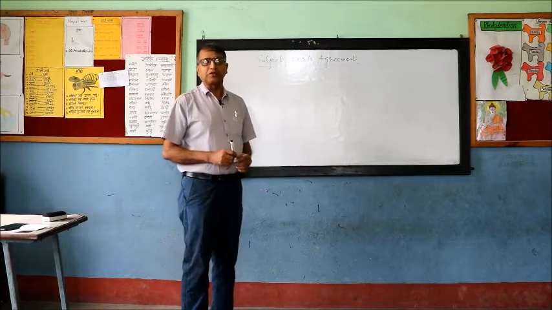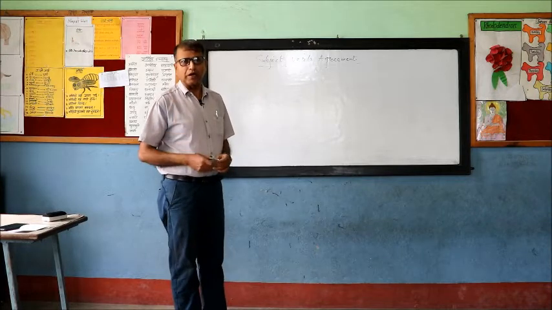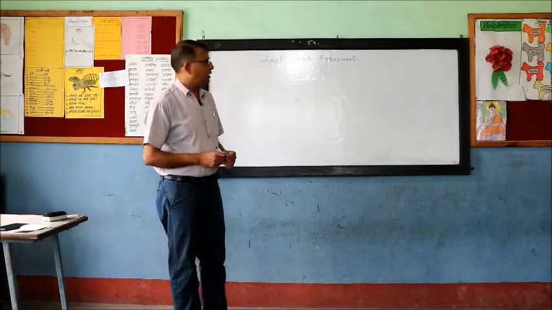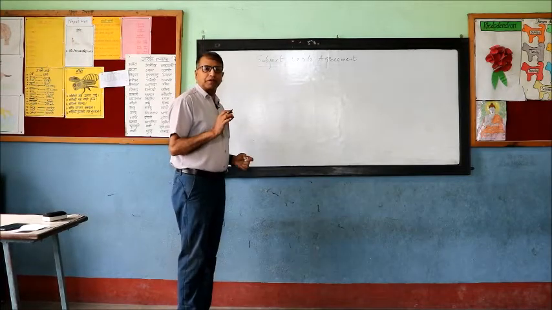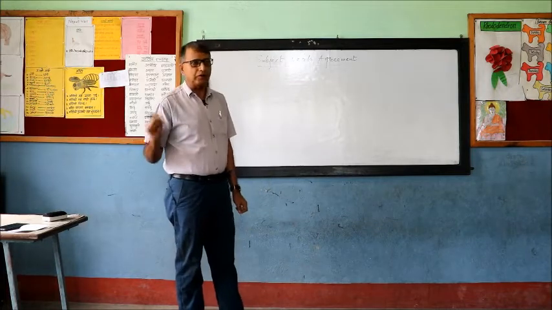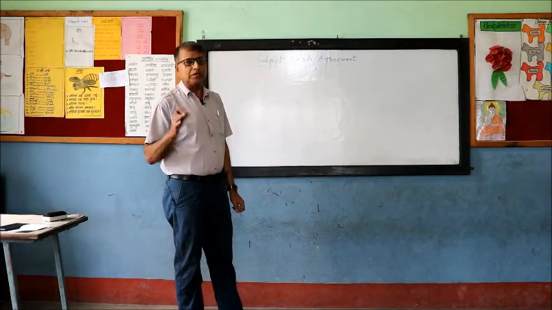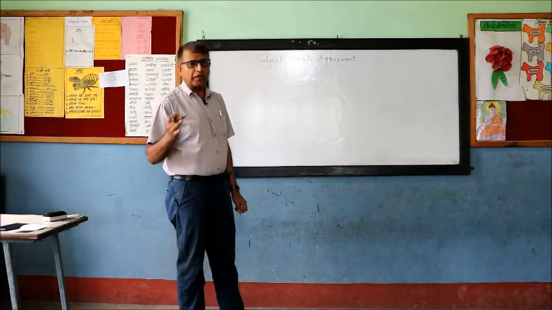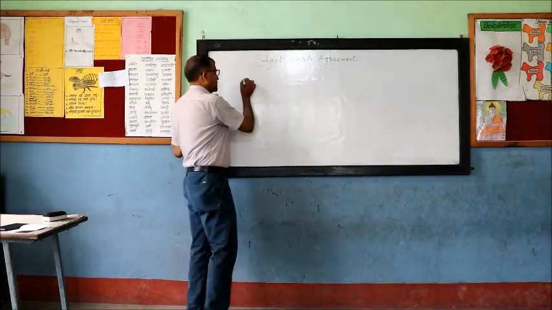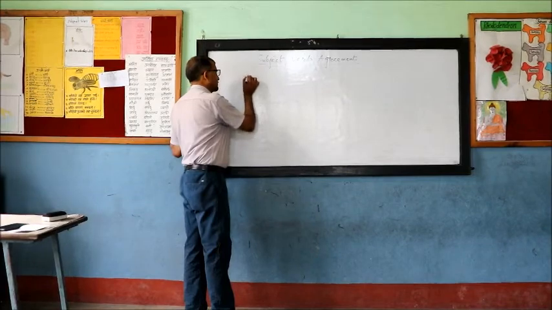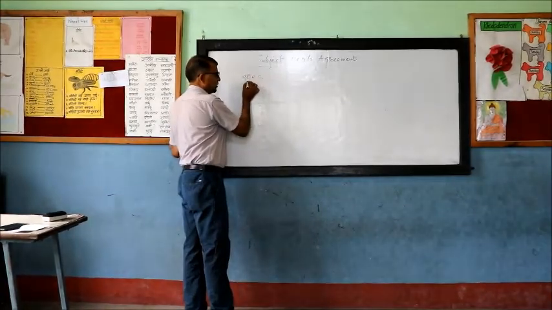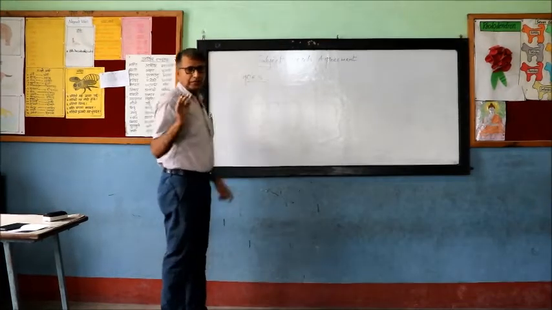So let me tell you about singular and plural verbs. If we add s or es to a verb, the verb becomes singular, unlike in the case of noun. For example, if we add es after the verb go, then this verb becomes singular.